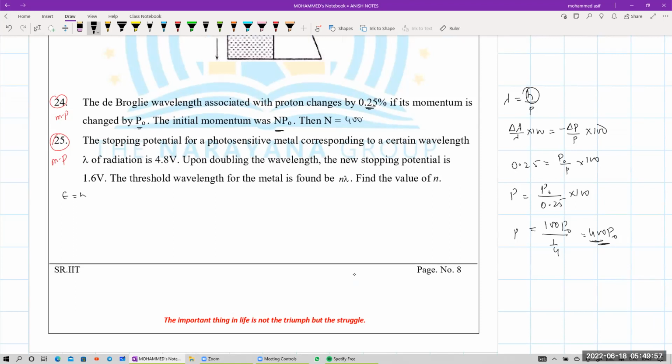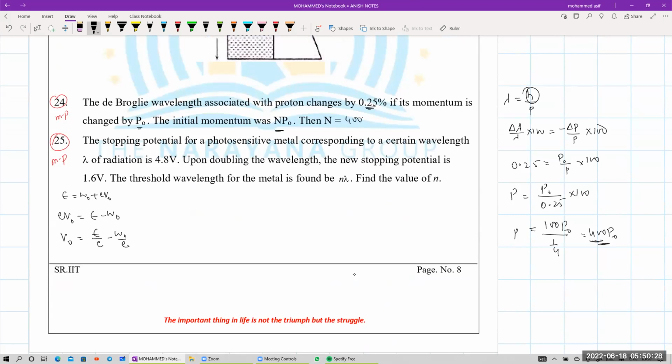E is equal to work function plus stopping potential energy. So E into V naught will be equal to E minus the work function. So the stopping potential V naught is equal to E by e minus work function divided by e.